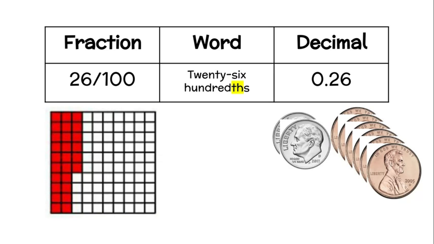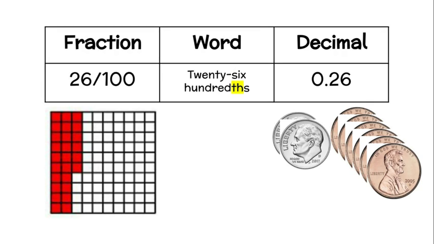Now we're going to try hundredths, which is a combination of dimes and pennies. So you can see now for the grid or the squares, we have 100 squares. That's kind of like 100 pennies in a dollar. So you can see right here, we have 2 full columns. So that's 20, and then 6 more squares to make a total of 26.